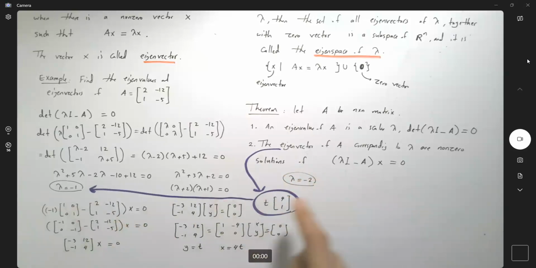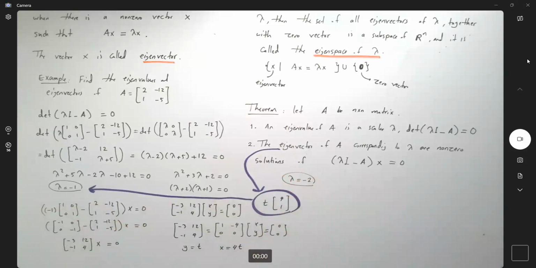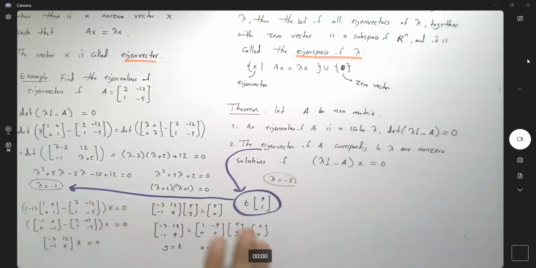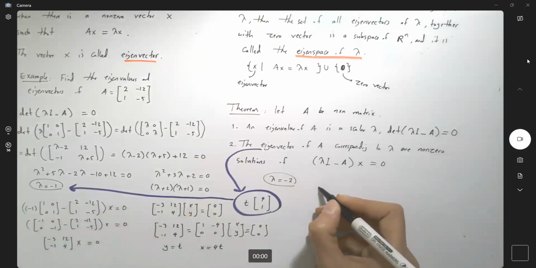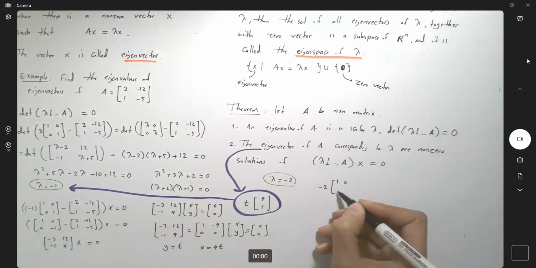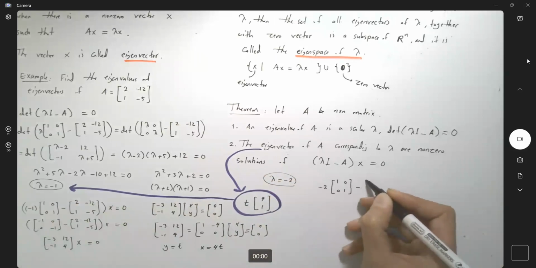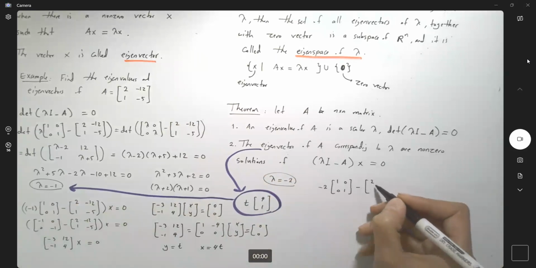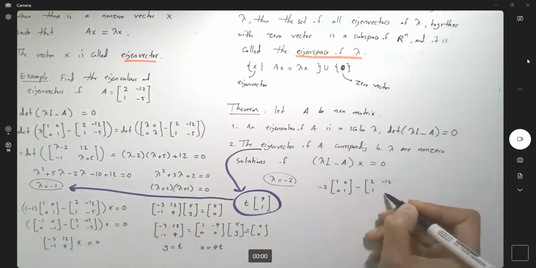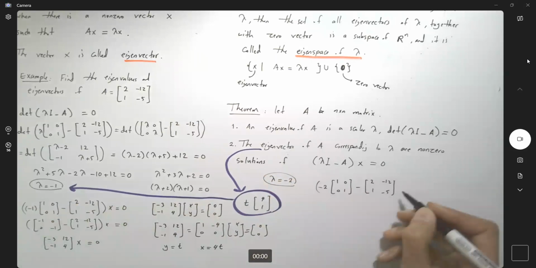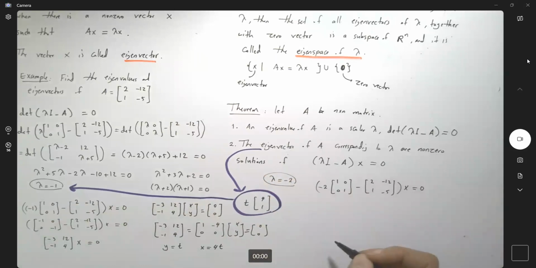You can do the exact same process for lambda equals -2. Do the exact same thing. Here you have -2 times 1, 0, 0, 1 minus matrix A, which is 2, -12, 1, and -5, times x equal to 0.